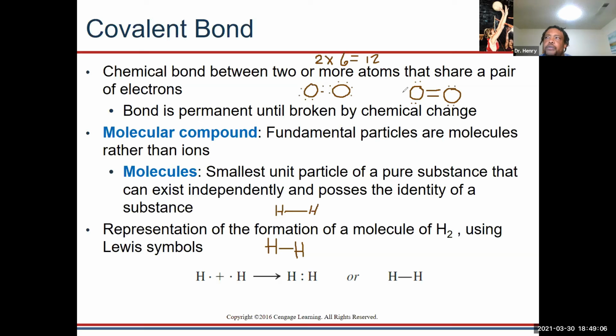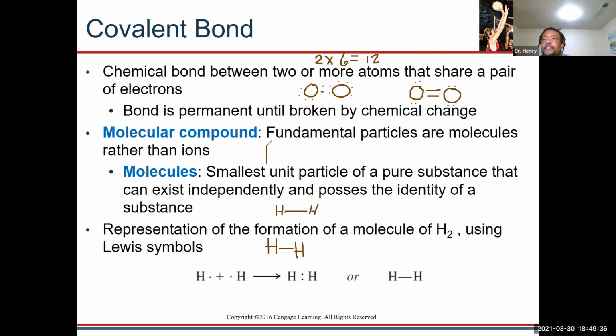How many electrons were we working with? 12. So that's 2, 4, 6, 8, 10, 12. You have to make sure that there's 8 around. That's 2, 4, 6, 8 around this oxygen, and 2, 4, 6, 8 around this oxygen. Piece of cake?